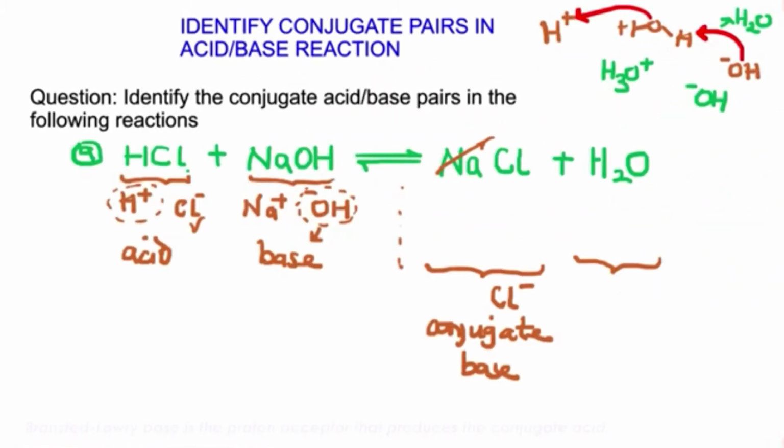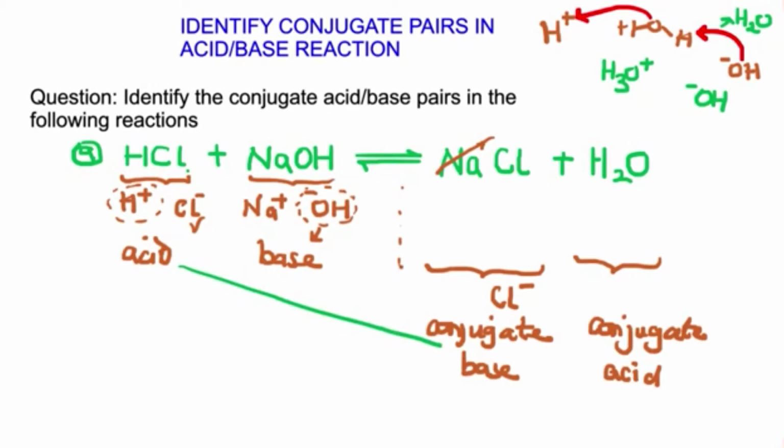The hydroxide picks up a proton to form water, so there is a transformation of hydroxide as a base becoming a conjugate acid, which in this case is water. Since you're able to understand pairing the acid to the conjugate base and the base to the conjugate acid, we're going to dive into another example here.